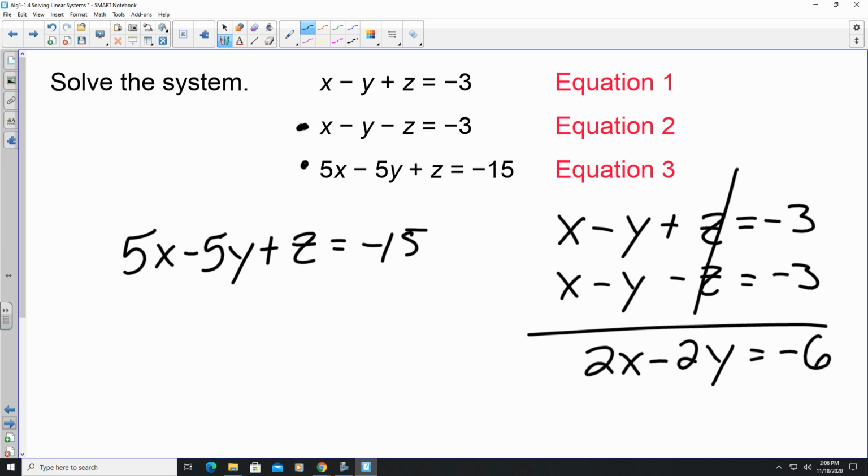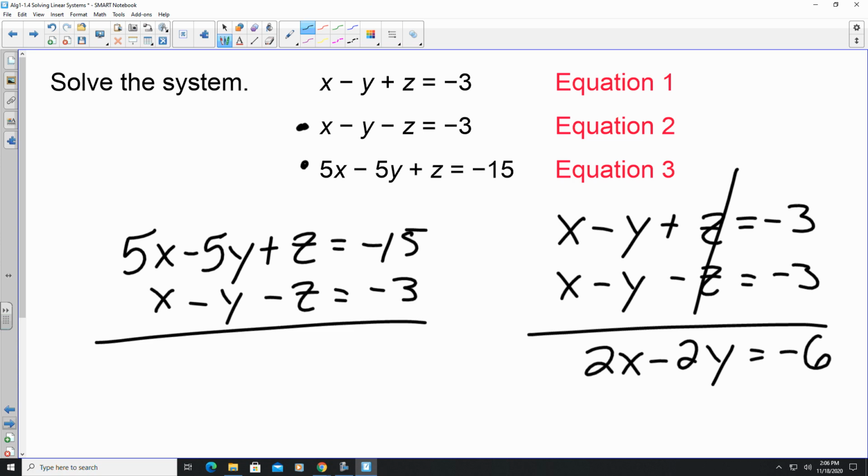And then this is going to be x minus 5y minus z is equal to negative 3. So this gets canceled with z, and then this turns into 6x minus 6y is equal to negative 18.